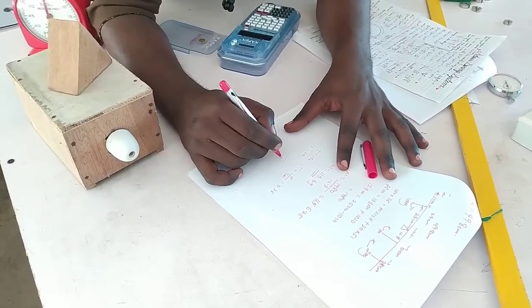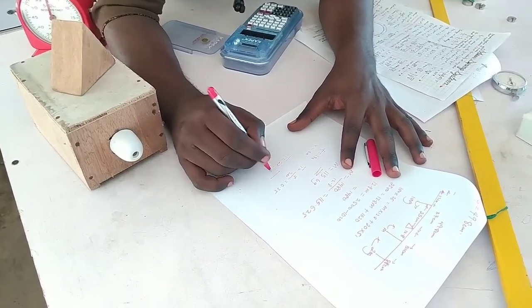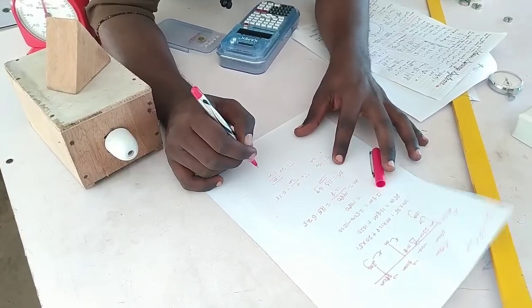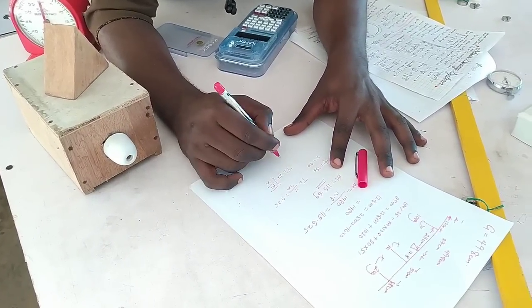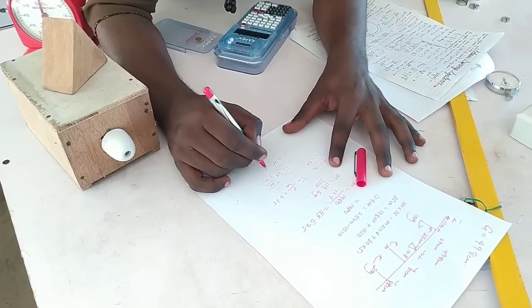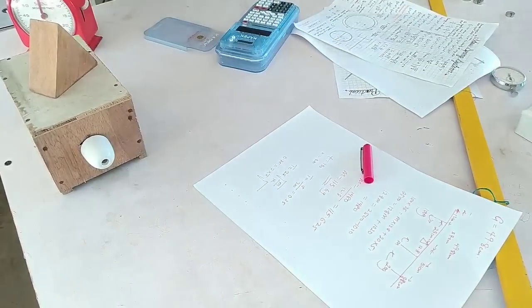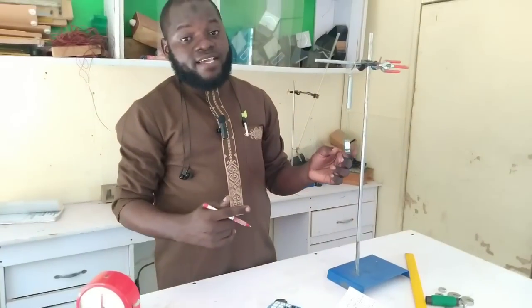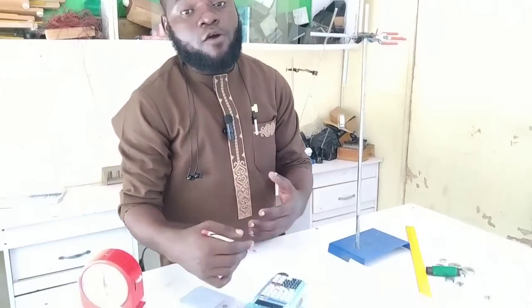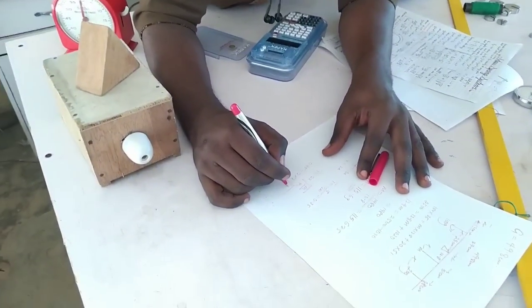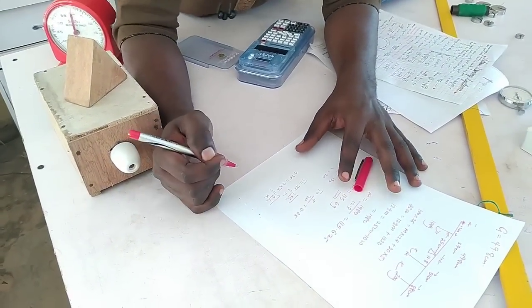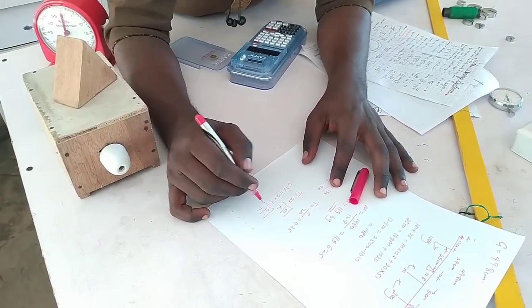Am I making sense? So if you have 0.75, what's the next thing to do? The next thing is to come down to this equation, T equals 2 pi the square root of m all over k. So our period is 0.75 equal 2 multiplied by pi, then square root of the mass that I use there. The mass I use there is 100 gram. Convert this to kilogram, that will be 0.1. So I have 0.1 all over k. Square both sides to remove this square root.